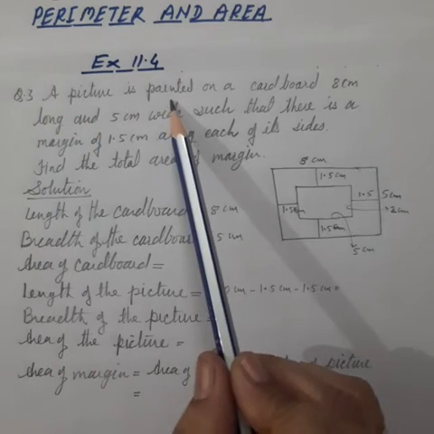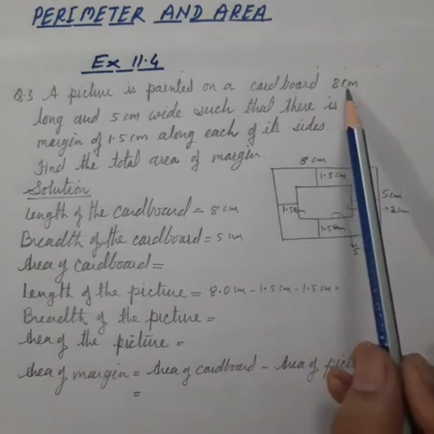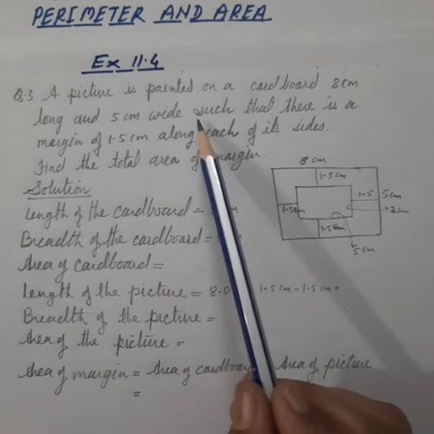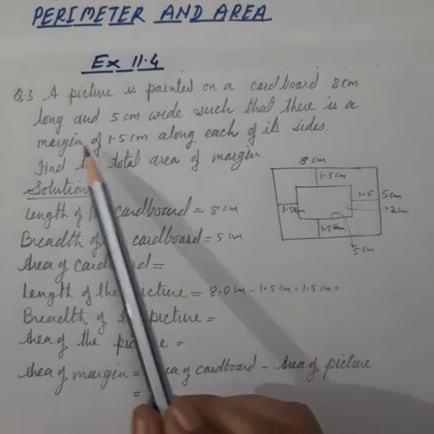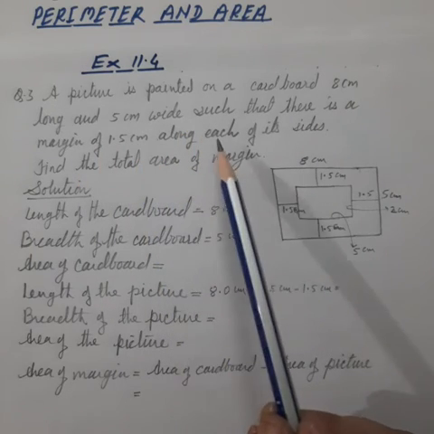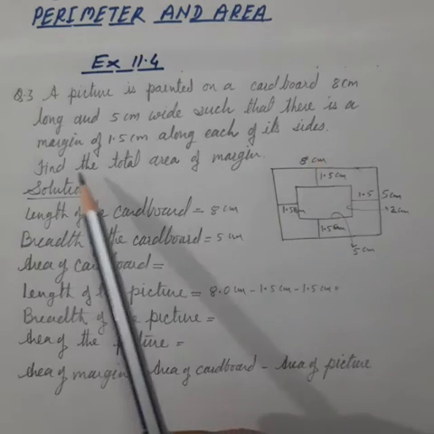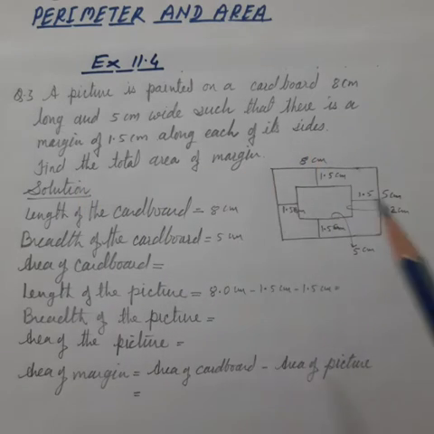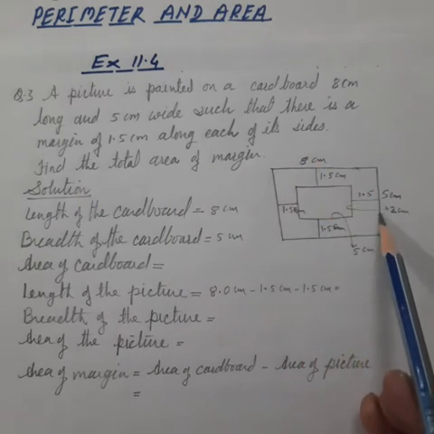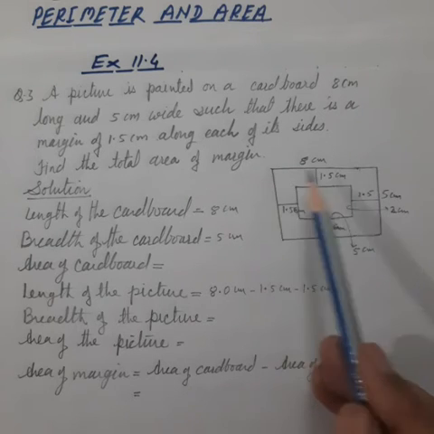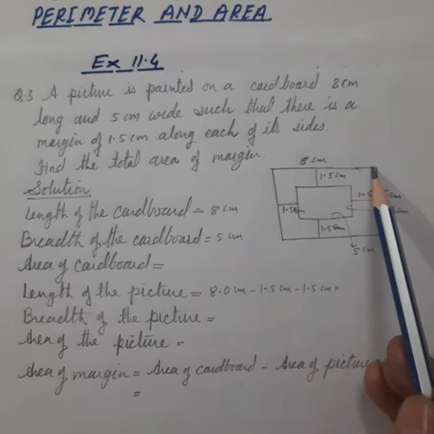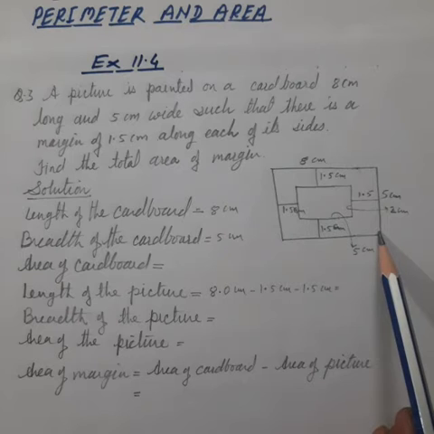A picture is painted on a cardboard 8 cm long and 5 cm wide such that there is a margin of 1.5 cm along each of its sides. Find the total area of margin. Here this outer rectangle is a cardboard with length 8 cm and breadth 5 cm.